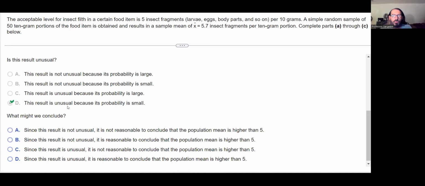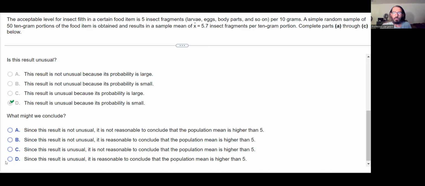And because the result is unusual, okay, X bar was 5.7. And so it seems that, relatively speaking, that's not a lot higher than the 5 that was claimed for the population.